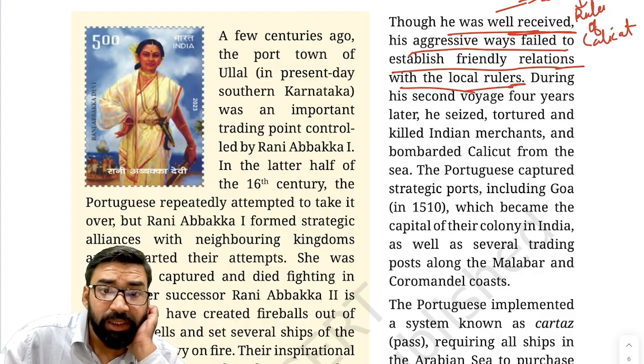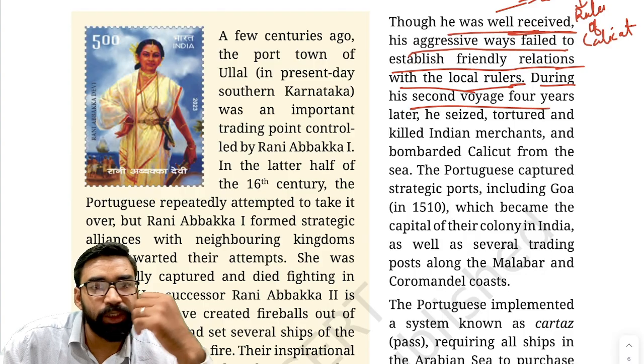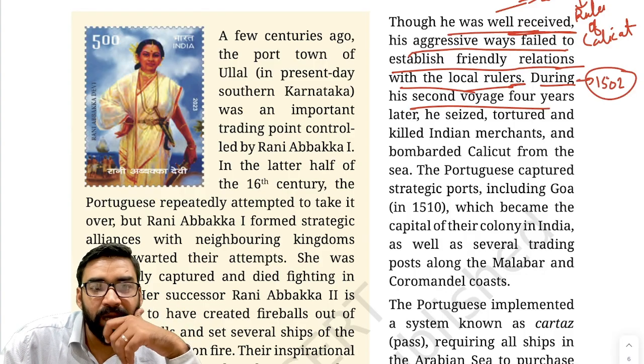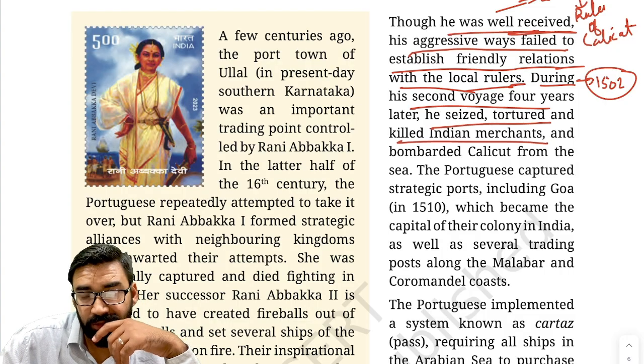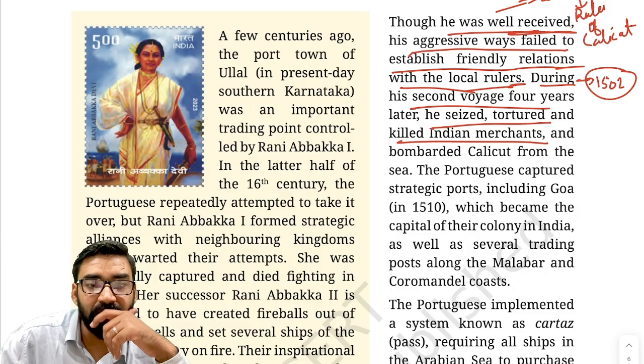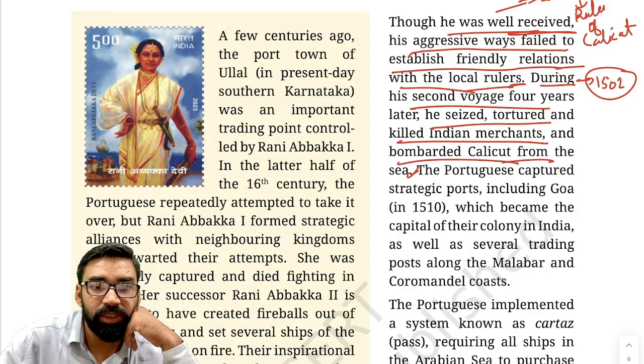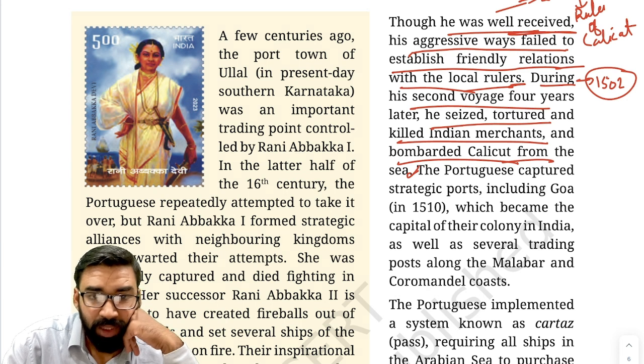Then Vasco da Gama came back during his second voyage 4 years later, in 1502. Then he seized, tortured, and killed Indian merchants. This time he started killing the Indian merchants, and he also bombarded Calicut from the sea.